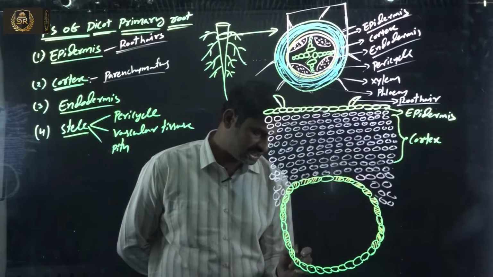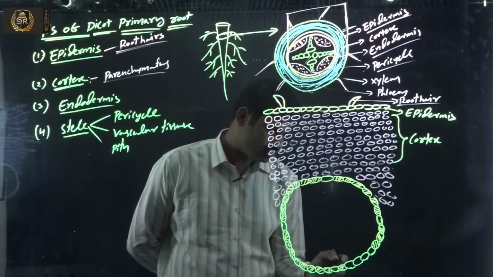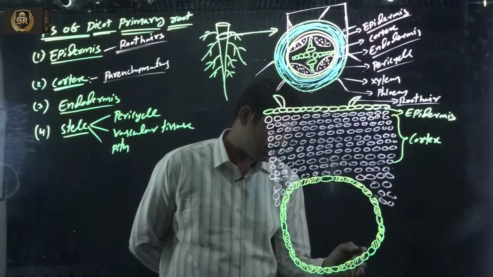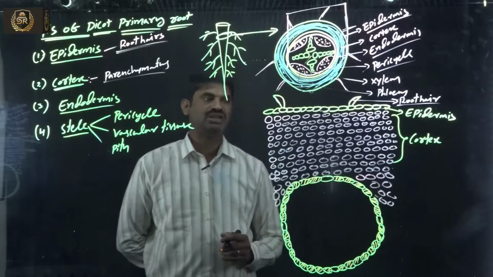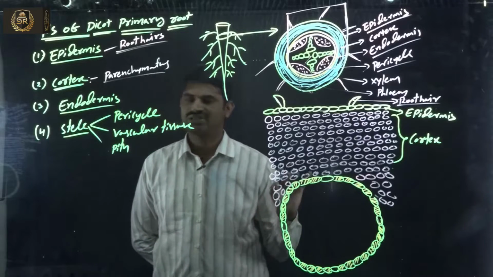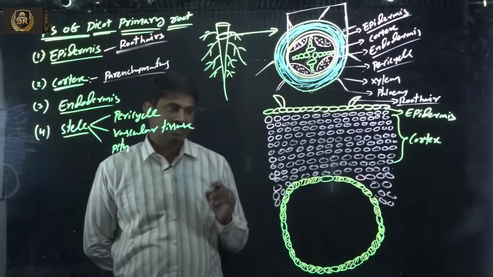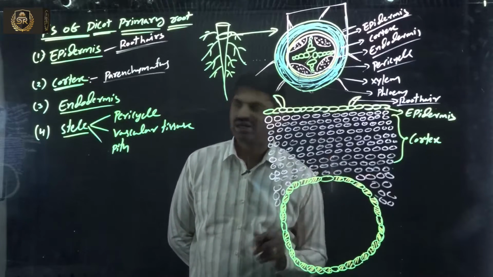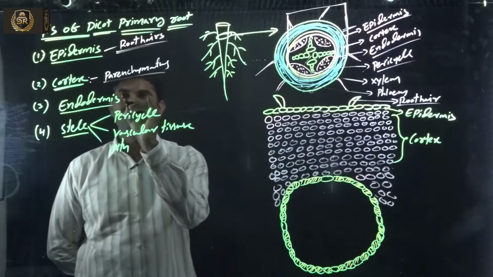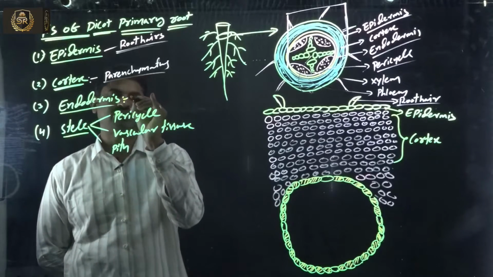Endodermis cells without Casparian strips are called passage cells. Internally in the endodermis, Casparian strips are present.